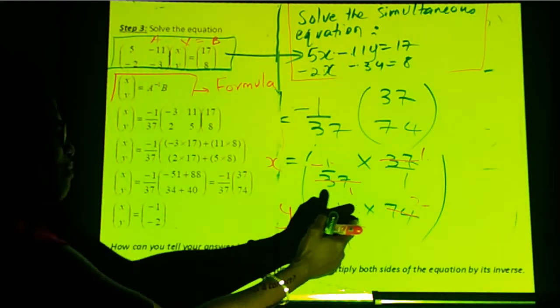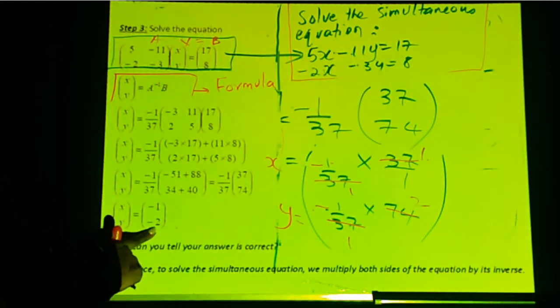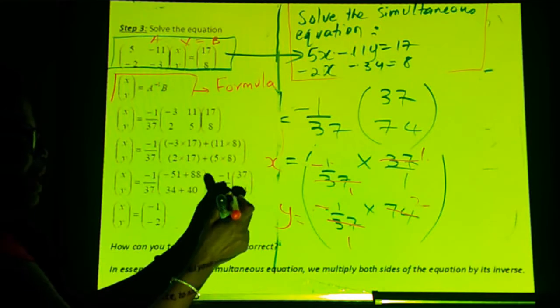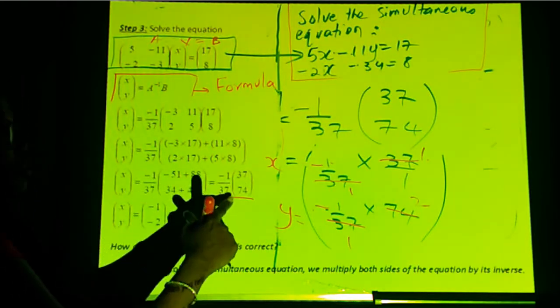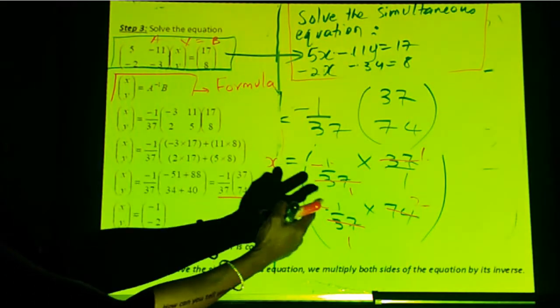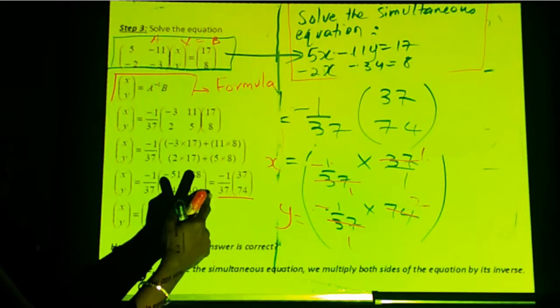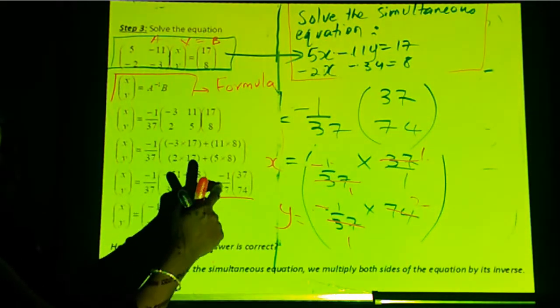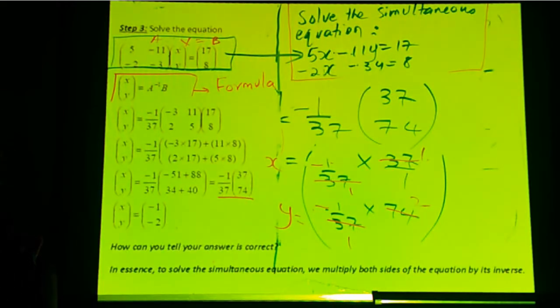So the second value is negative 2. First value is negative 1. Second value, negative 2. I just expanded this for you. So this means the same thing as what you see there on the right hand side. Negative 1 over 37 times 37, negative 1 over 37 times 74.